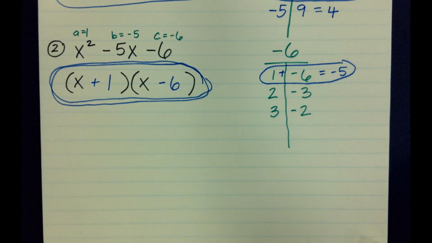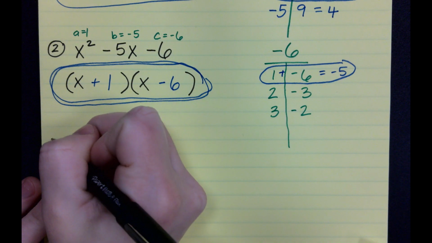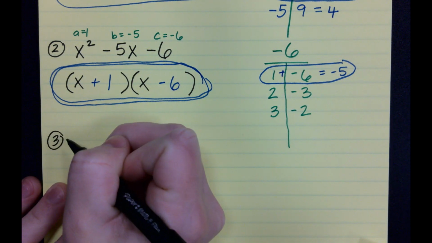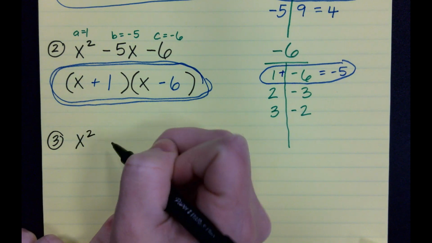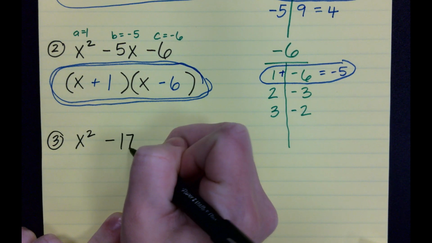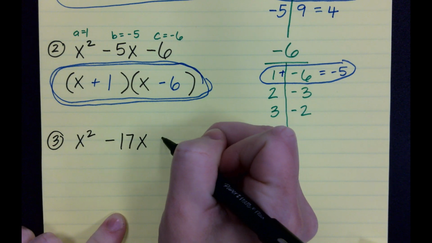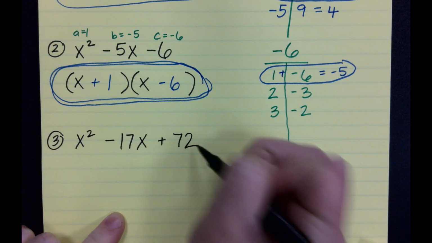Okay, back from lunch. So, number 3, we have x squared minus 17x plus 72.